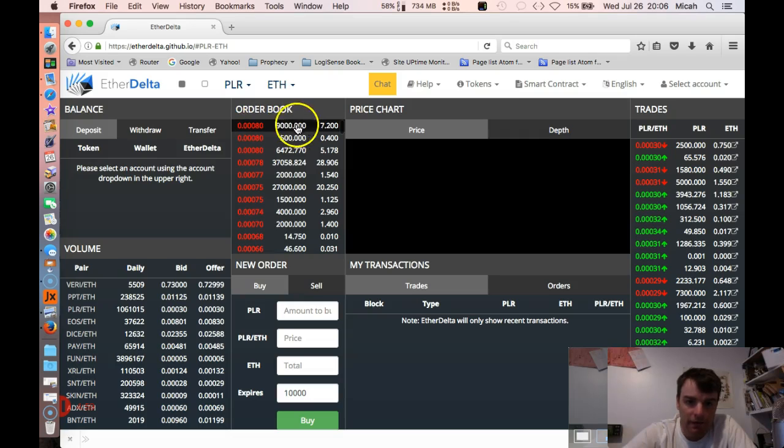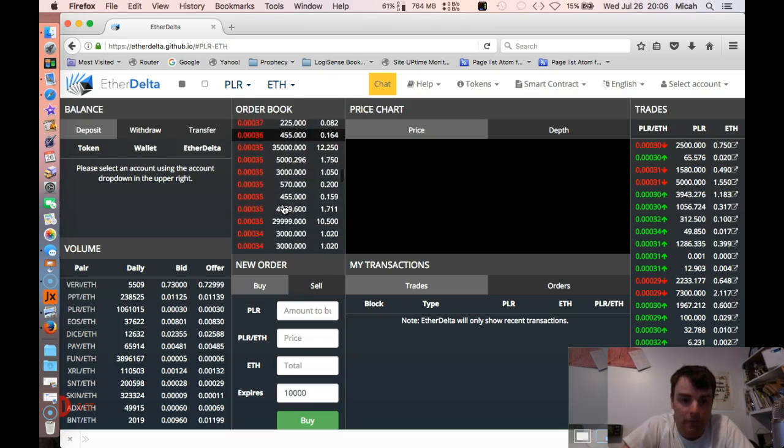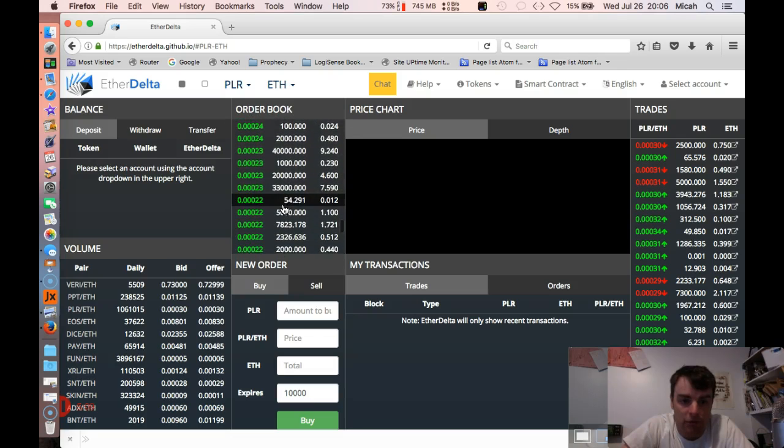So 0.0008, and someone has 9,000 Pillar tokens they're looking to get rid of at 0.0008. And of course, all the way down at the very bottom, you've got people who apparently are willing to sell them real cheap. So there you go.